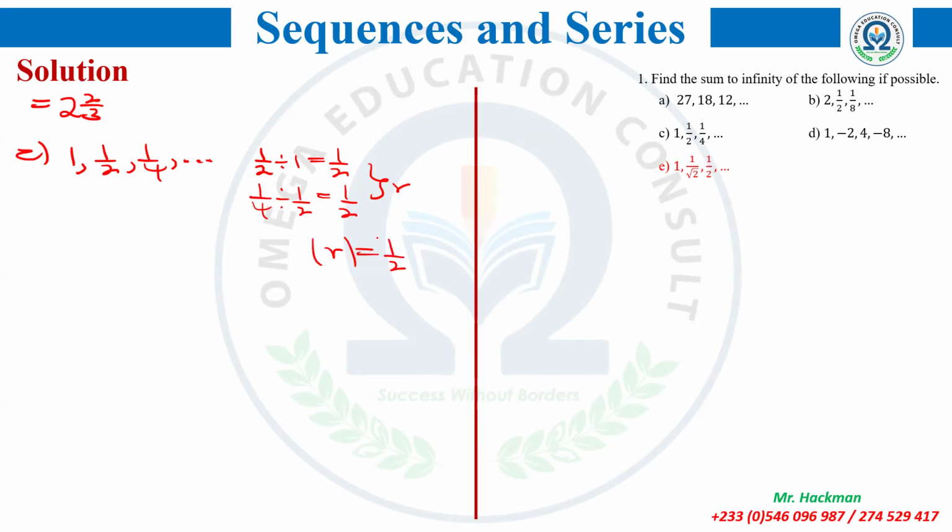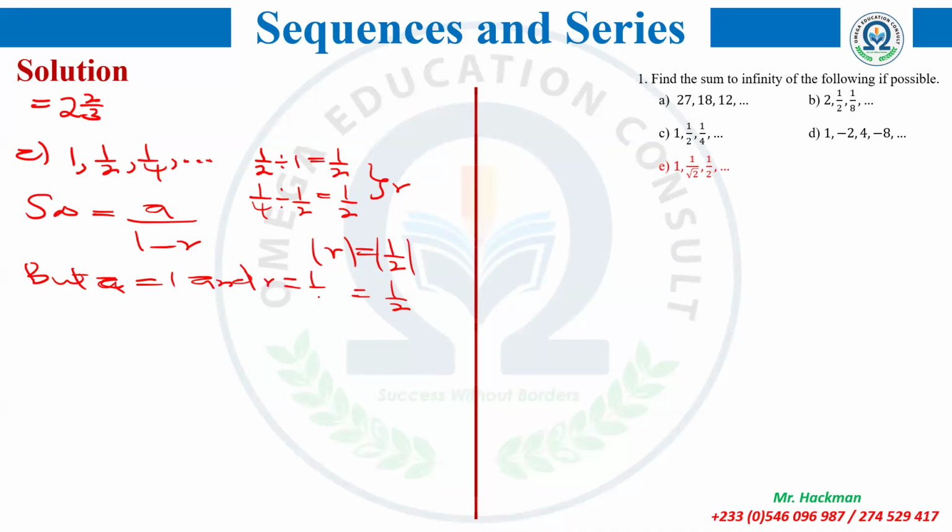The absolute value of R would be what? The absolute value of 1 over 2 gives us 1 over 2. So obviously this is less than 1, so the sum to infinity is possible. Our sum to infinity is given by A over 1 minus R. I know my A is equal to 1 in this case, and my R is equal to 1 over 2.